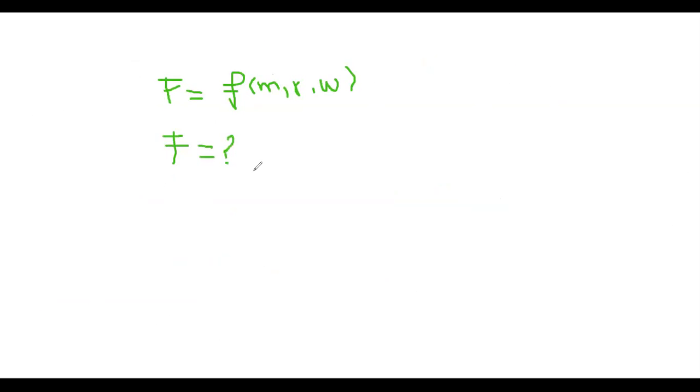If you check your book, what is the expression of V in function of R? I have something: F equals M times W squared times R. Right. Correct.